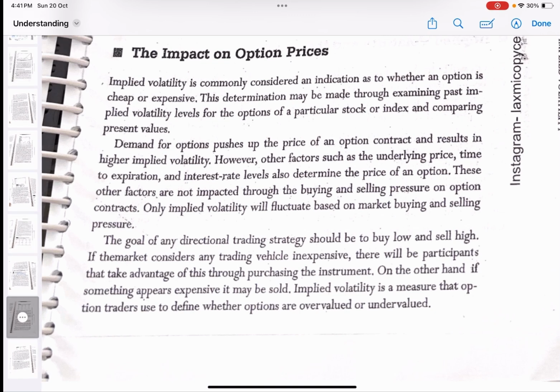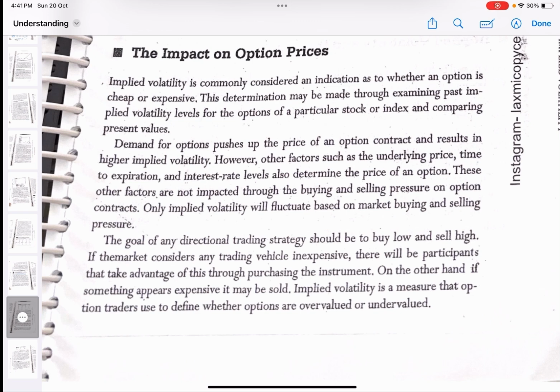Now let's look at the impact on options prices. Implied volatility is commonly considered an indication as to whether an option is cheap or expensive. This determination may be made through examining past implied volatility levels. Demand for options pushes up the price of an option contract and results in higher IV.